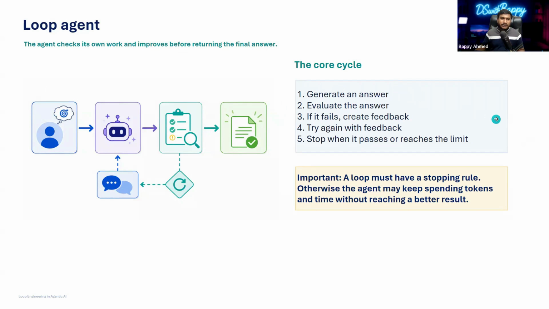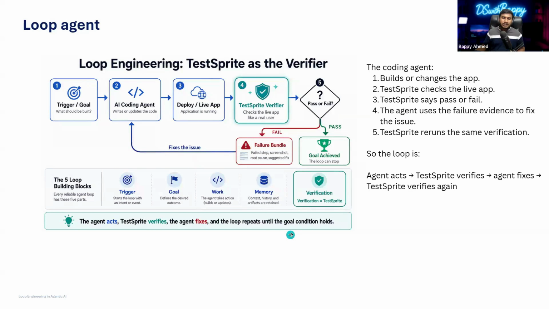If it fails, create the feedback, try again with the feedback, and stop when it passes or reaches the limit. One important thing to remember: a loop must have stopping rules, otherwise the agent may keep spending tokens and time without reaching a better result. That's why a termination condition is super important here. Whenever we see the practical, I'll show you how to add this termination condition.